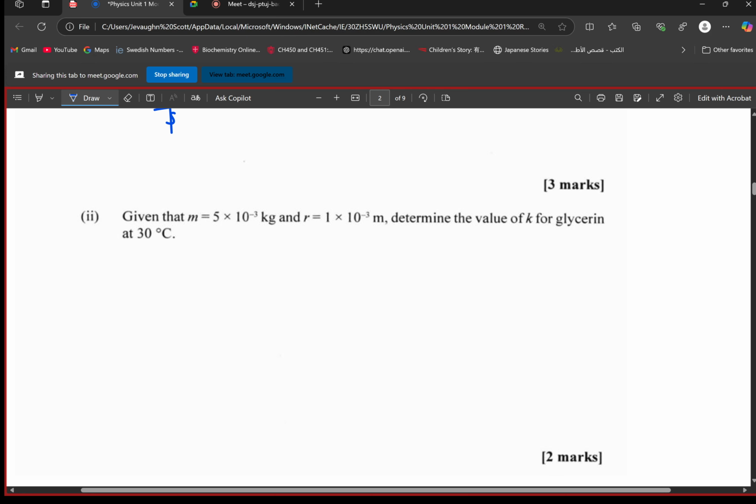Because you have M here, you have your R. We know the value for K specific. We don't know the value for K. We have 6 pi. So the only unknowns that we have here are K and VT. You can't really solve with 2 unknowns like this.